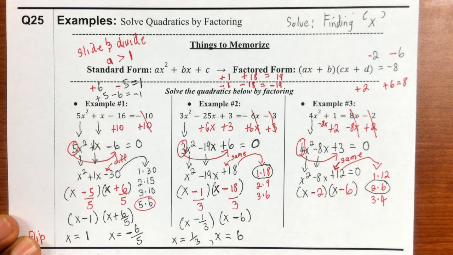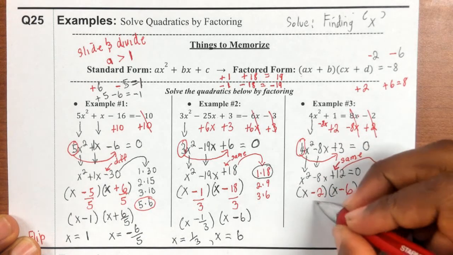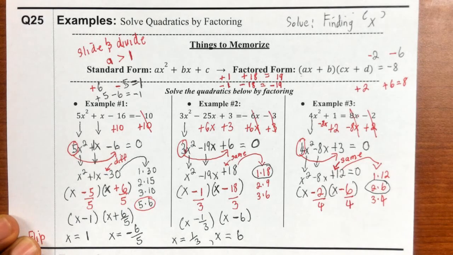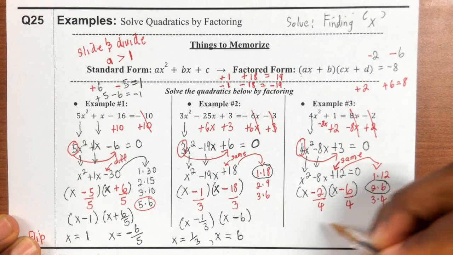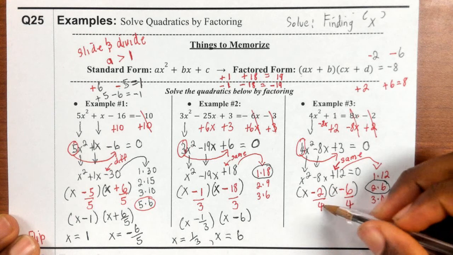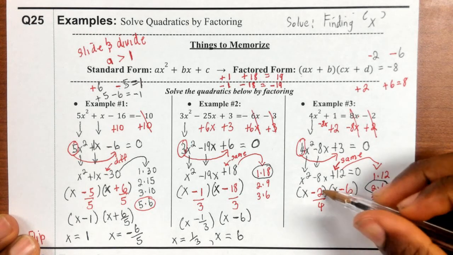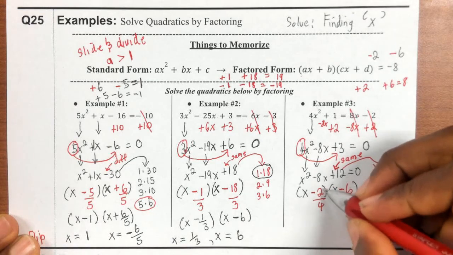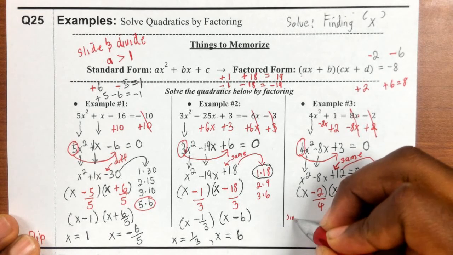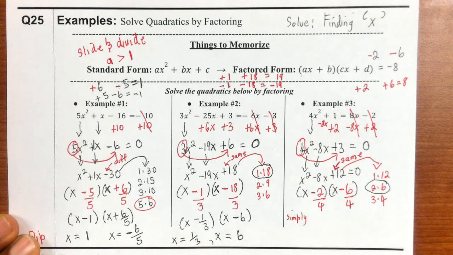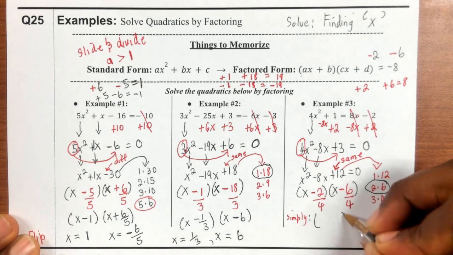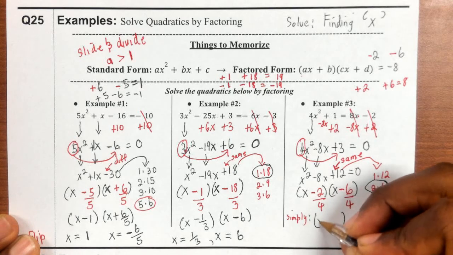Okay. So now we're going to go ahead and divide. And what am I going to divide by? Yup, the same thing I circled, that 4. Okay. So my same leading coefficient. All right. So in this case, guys, we can't divide neither of them. All right. So that means we need to simplify. So when I simplify the numbers, I need to figure out what number I can divide both 2 and 4 by.